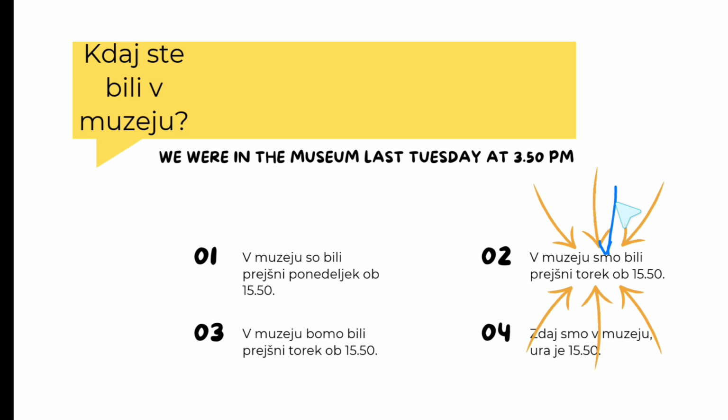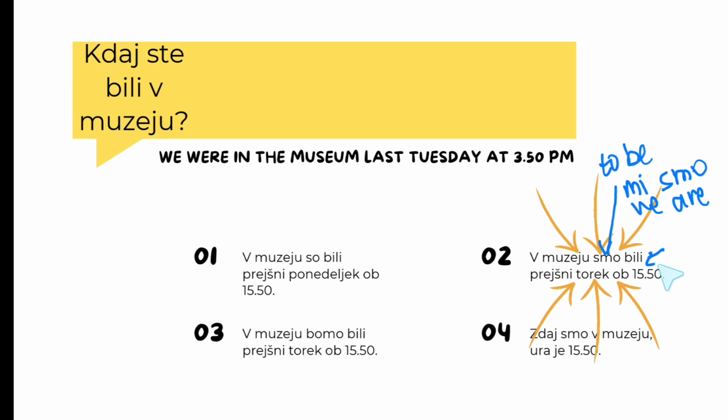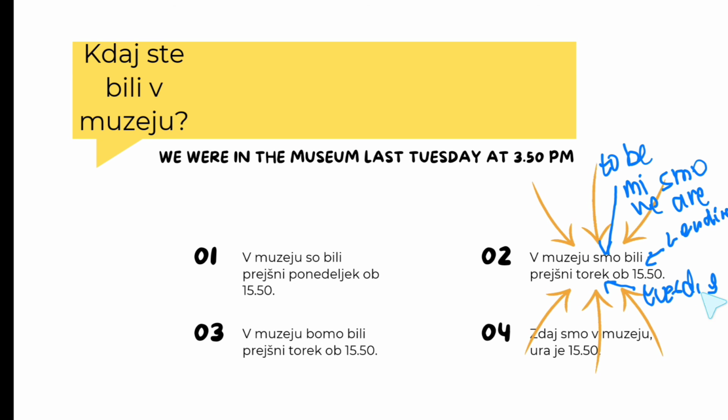So first of all, we have to be, and we have "mi smo", we are. So in this case, that would be like we were. "Bili", we were, "bili", L ending. "Prejšnji torek", so "torek" means Tuesday. And this is the time, 15:50, 3:50 p.m.